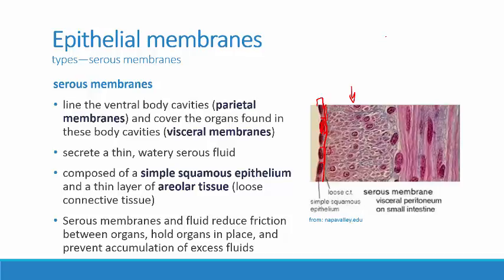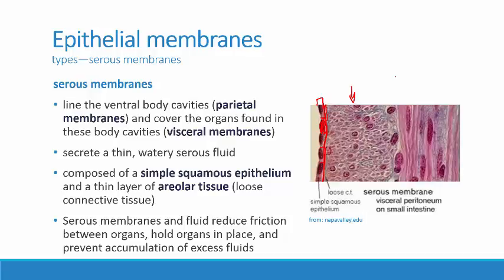The connective tissue underneath is areolar tissue. It's a loose connective tissue, and it has the capacity to also become fat. Especially in the peritoneal serous membranes, that's where we put on belly fat, the fat that's deep to the muscle.